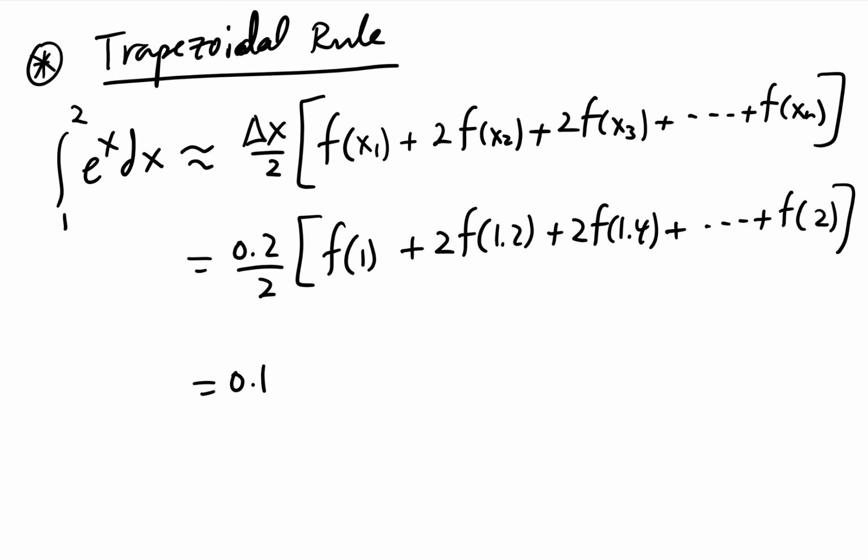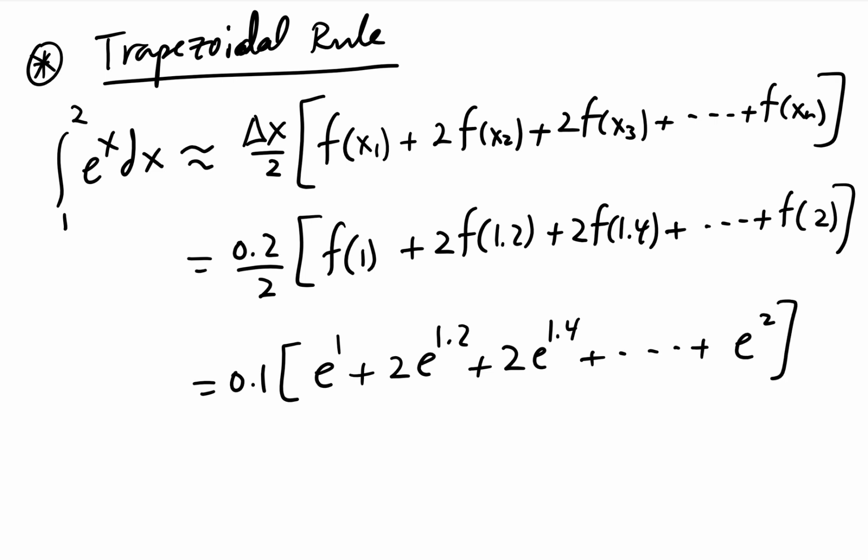Then this is 0.1 times f of 1, which is e to the first, plus 2e to the 1.2, 2e to the 1.4, all the way to e squared. And when I put that in the calculator, that gives me about 4.686333148.